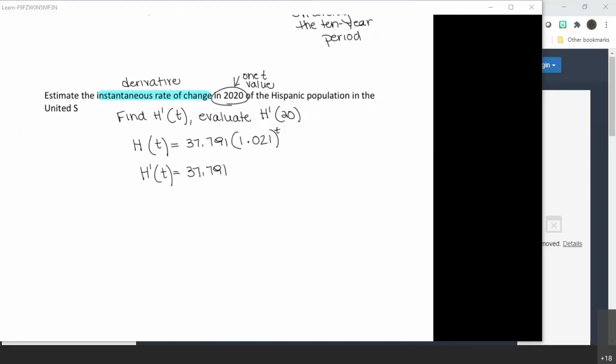Remember how you take the derivative of an exponential: you say ln of the base, and then you multiply it by the original exponential, 1.021 to the t. So this part over here is the derivative, ln of the base times the original exponential.